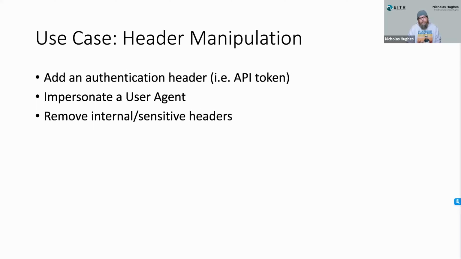And then finally, removing internal or sensitive headers. By default, we aren't going to pass along any of the internal headers. So right away, you immediately will look like you're just coming from the web retriever endpoint, right?